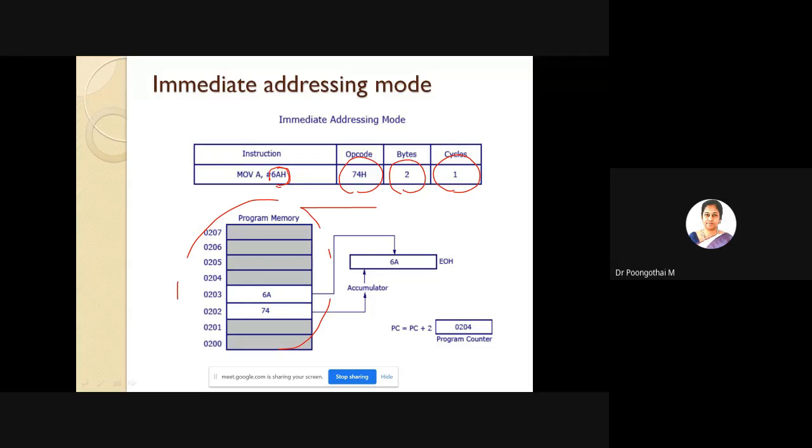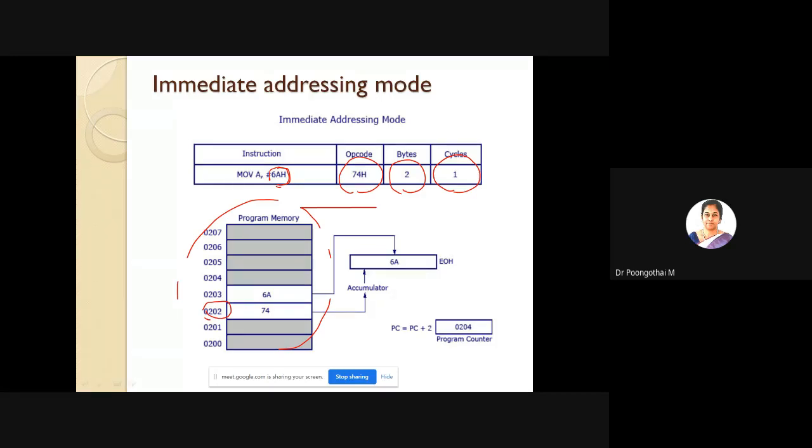So this memory is your program memory. All your opcodes and data are stored in your program memory. And 0202 is your program counter, pointing to this particular address. So your 74 is stored in 0202 and immediate data is stored in 0203.